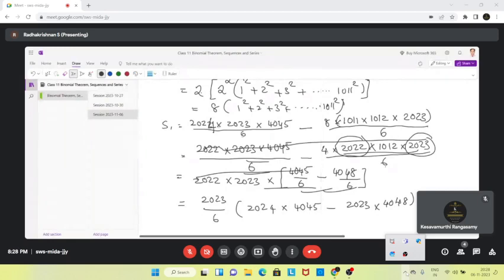So 2024 into 4045. Oh, again I have missed something, because this is 2023 into 2024, and this will be 4047, because 2n plus 1 is 4047 here.